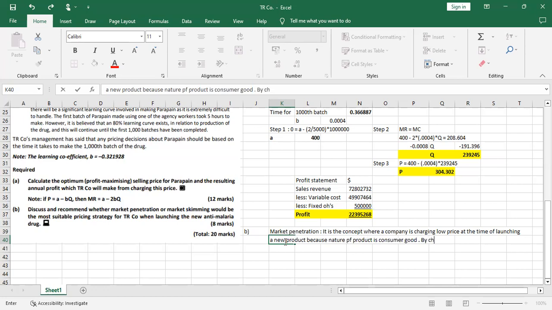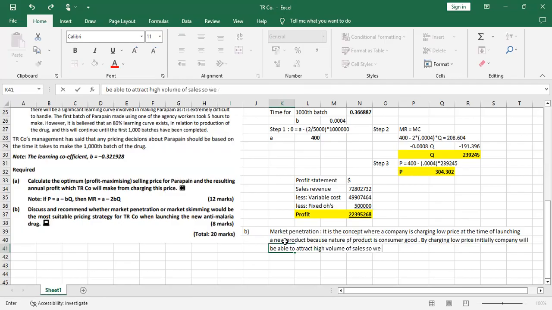By charging a low price initially, the company will be able to attract a high volume of sales.